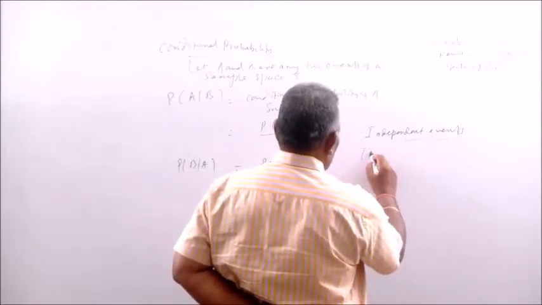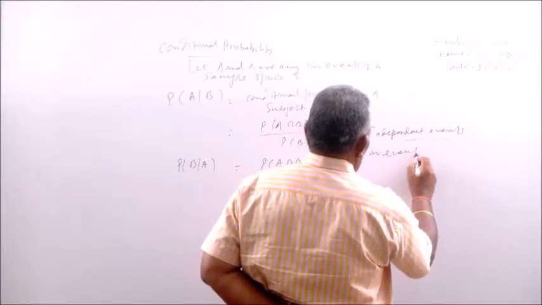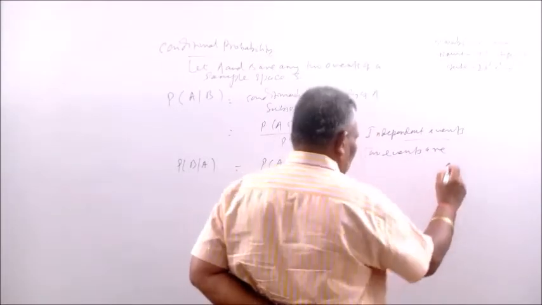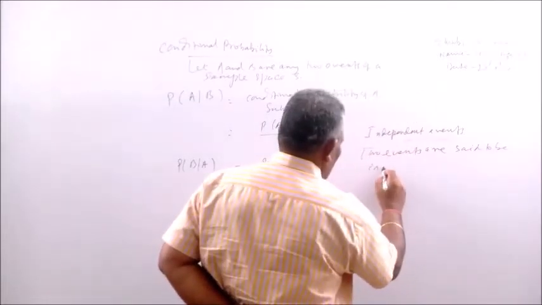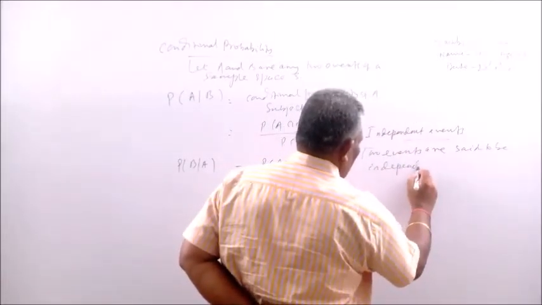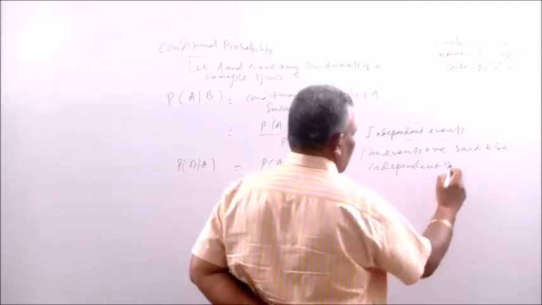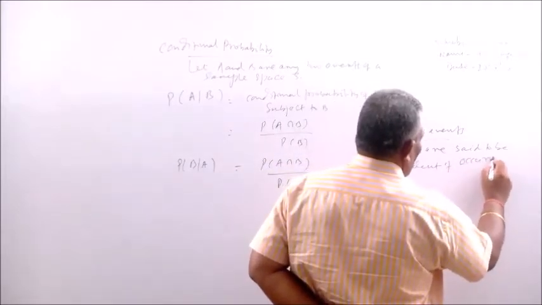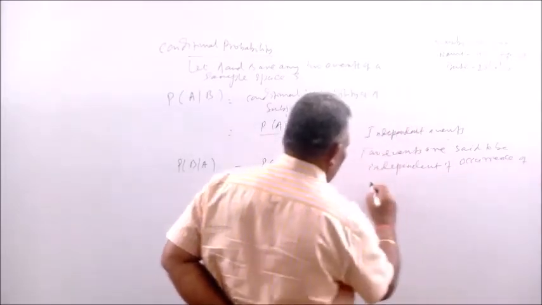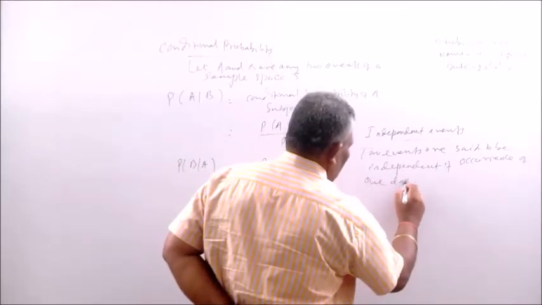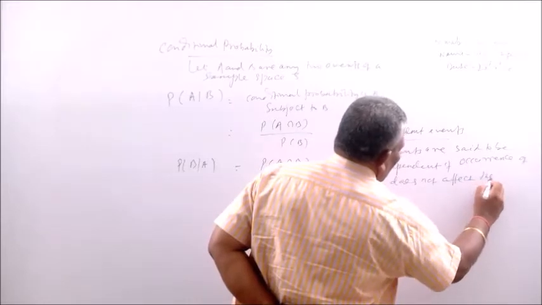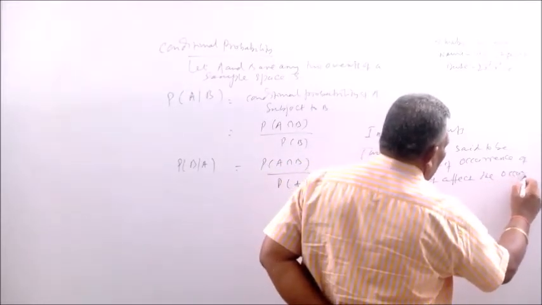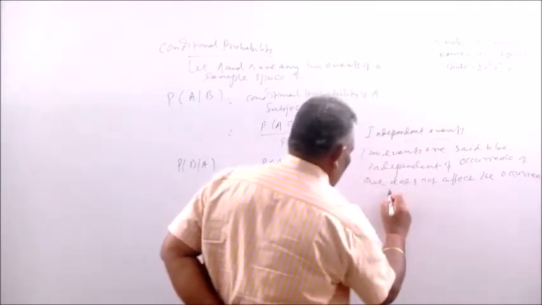Two events are said to be independent if the occurrence of one does not affect the occurrence of the other.